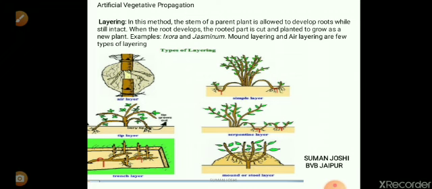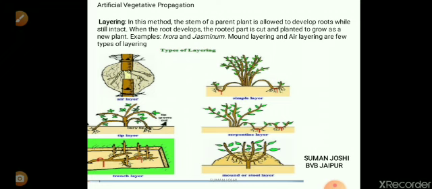You can see in this structure, air layering, the bark is actually the secondary phloem and outer tissue. It is removed, and along with the mud and manure, it is sprayed with auxin and cytokinin.